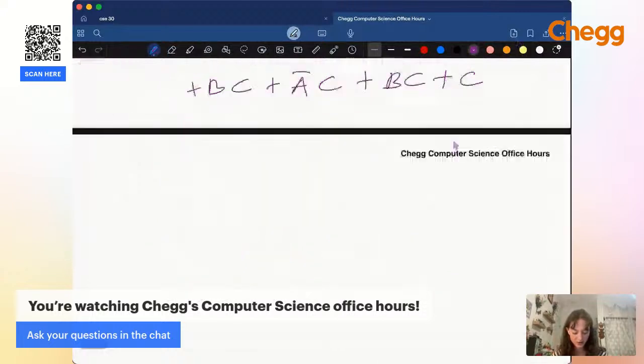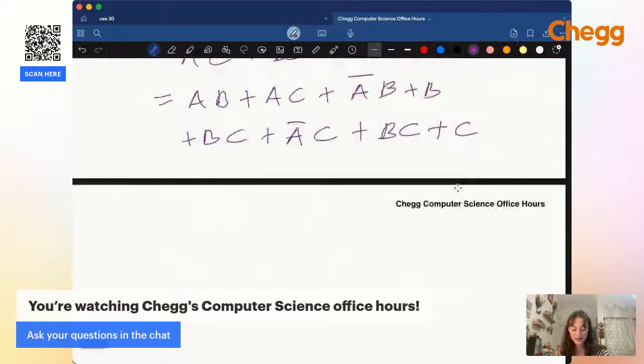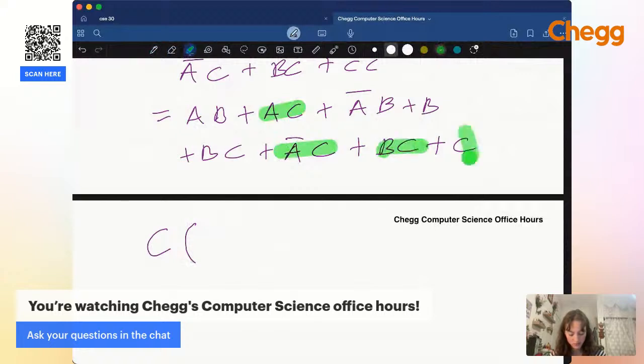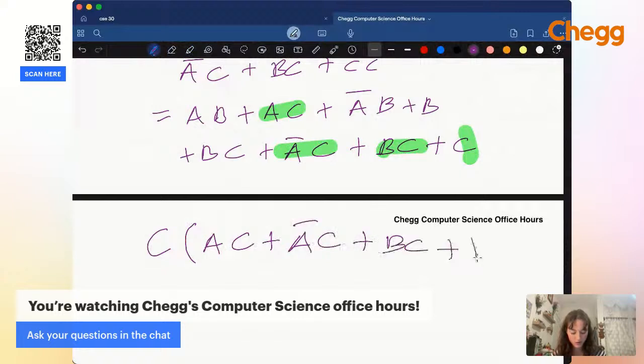I'm just going to make a new page. So what I start doing then is bringing terms out. Like C, for example, if we bring that out, any term that has a C in it. So C is AC or not AC or BC or 1, right?